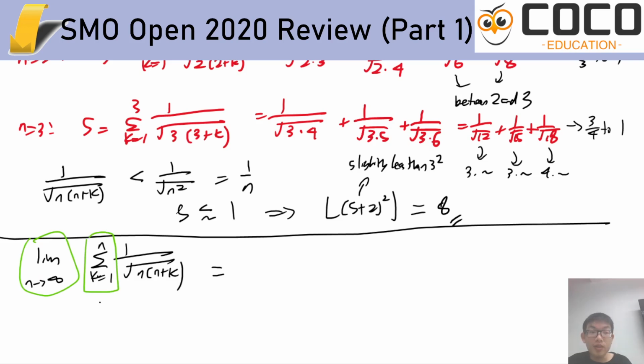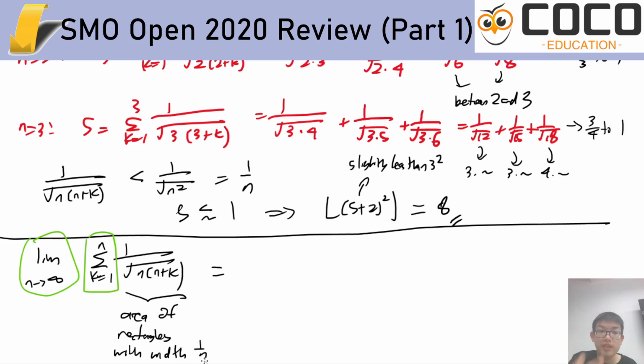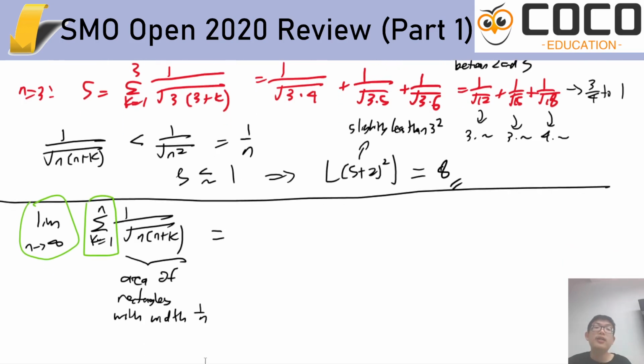And what is it the sum of? It's supposed to be the sum of the area of rectangles with width 1 over n. This is the default setup. So in order to make it into the sum of infinitely many rectangles of width 1 over n, I should factor out 1 over n from here.